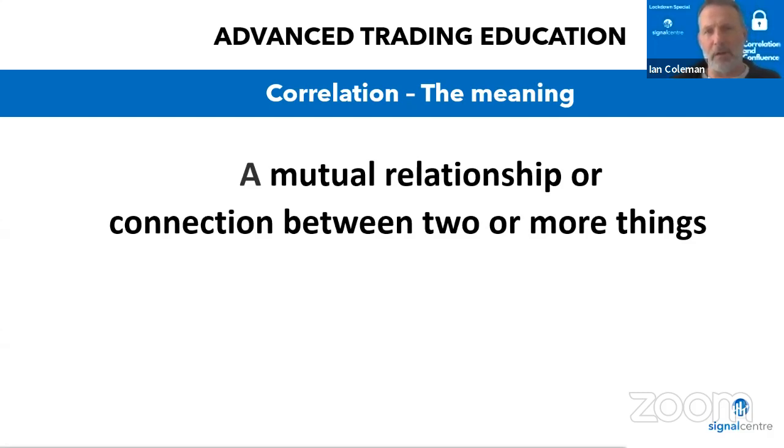So again, if we're looking for correlation in currency trading, which is what I mainly concentrate on, then we're looking for correlated pairs. Okay, it doesn't necessarily have to be FX. In the examples that I've given, we are using FX, but you can have correlated products outside of the FX basket.